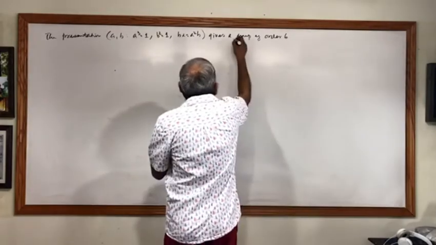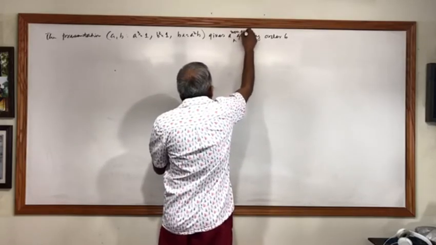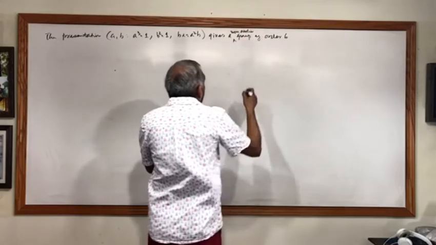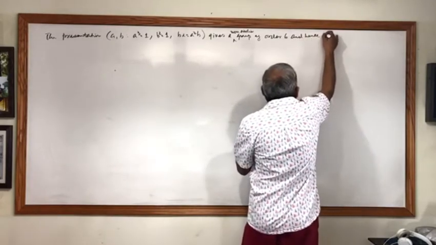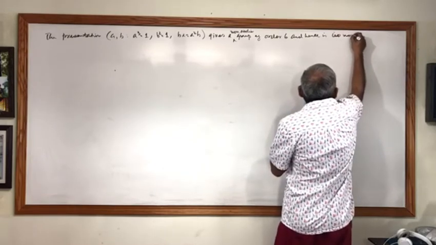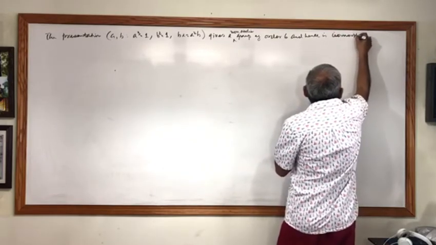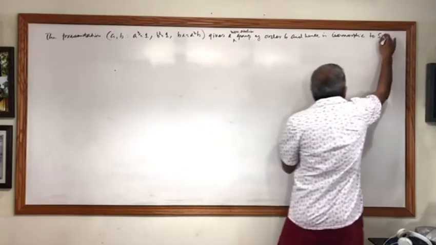Gives a non-abelian group of order 6 and hence is isomorphic to S6. So S3.